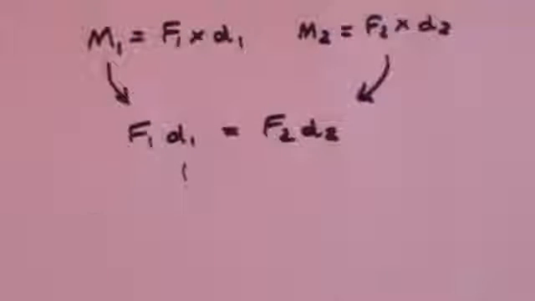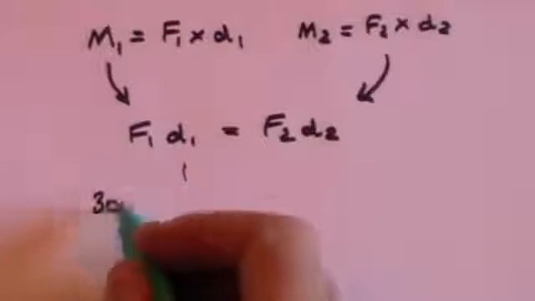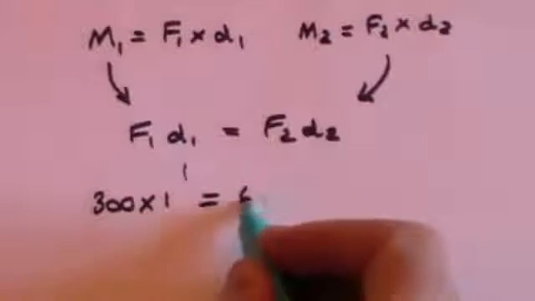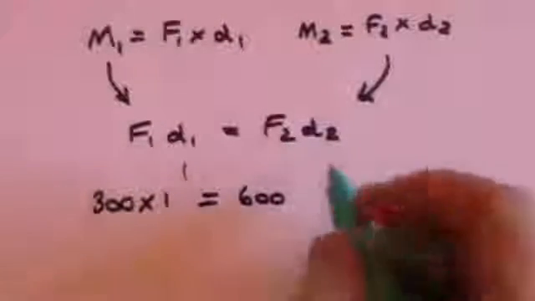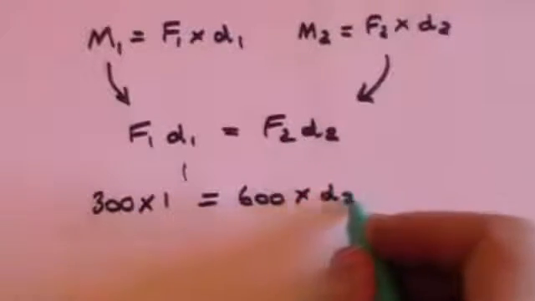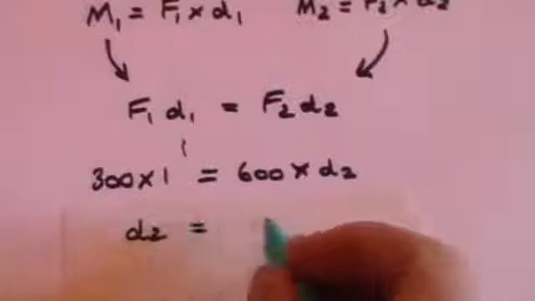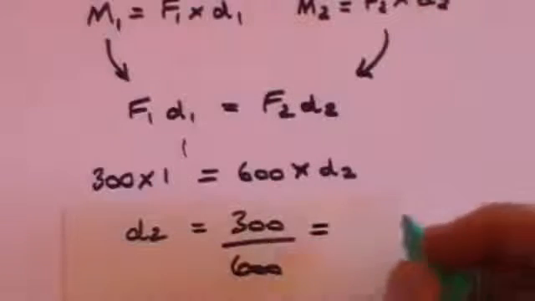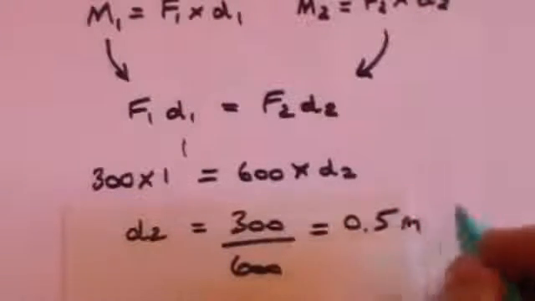What is D2? Well, 300 newtons for F1 times 1 metre has got to be equal to 600 newtons, which is F2, times D2, which we don't yet know. So D2 is going to equal 300 divided by 600, which is 0.5 metres.